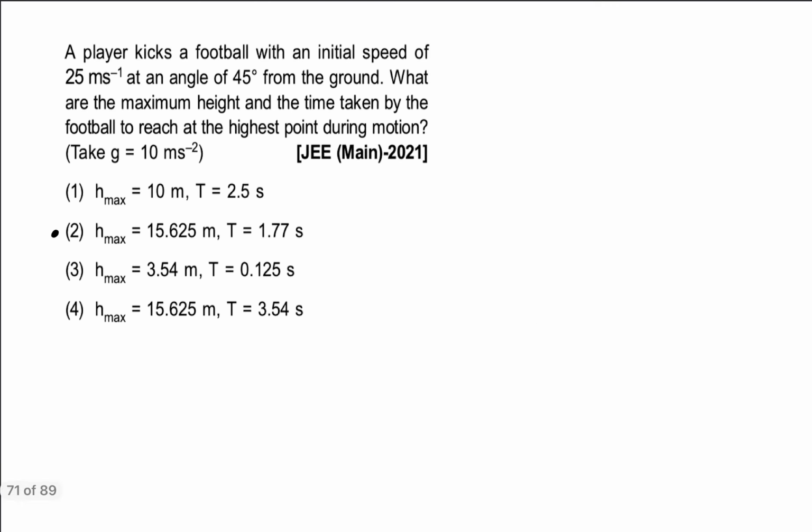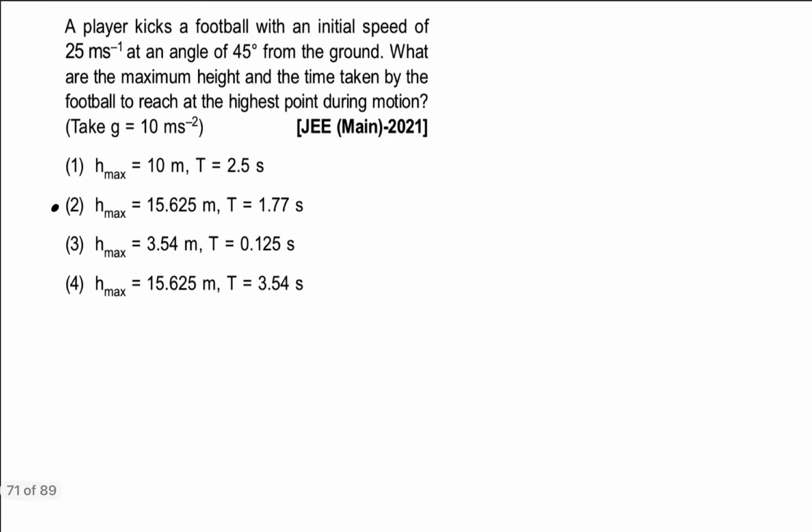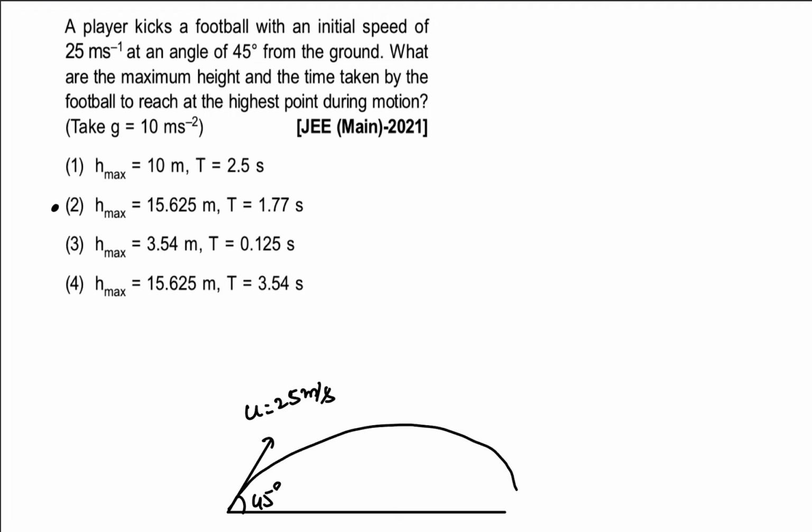Next one. A player kicks the football with an initial speed 25 meter per second at an angle 45 degrees from the ground. What are the maximum height and time taken by the football to reach the highest point during the motion? We can say a ball is projected with velocity u equal to 25 meter per second making angle 45 degrees.